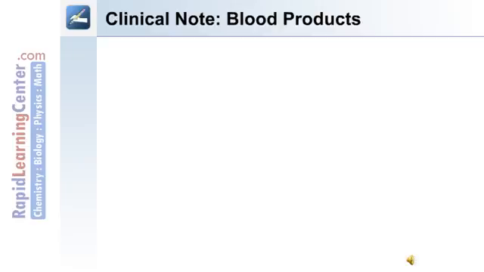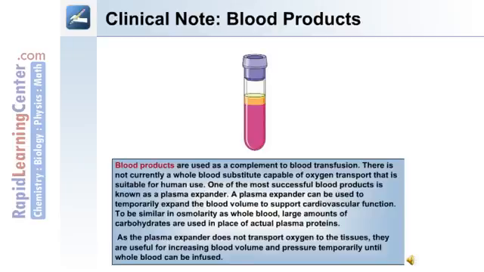A clinical note on blood products. Blood products are used as a complement to blood transfusion. There is not currently a whole blood substitute capable of oxygen transport that is suitable for human use. One of the most successful blood products is known as a plasma expander, and this can be used to temporarily expand the blood volume to support cardiovascular function.